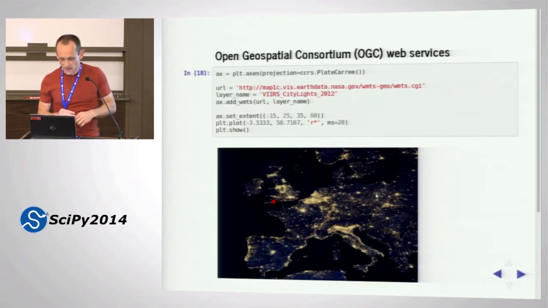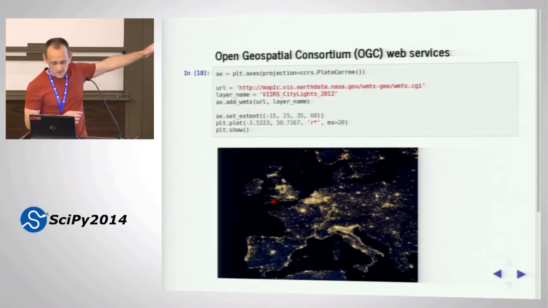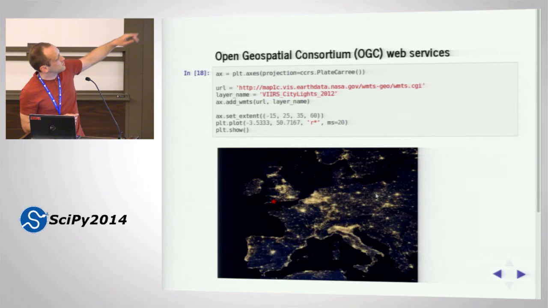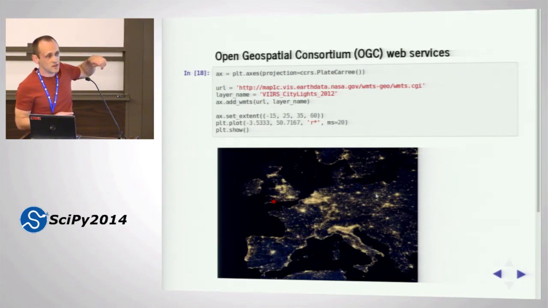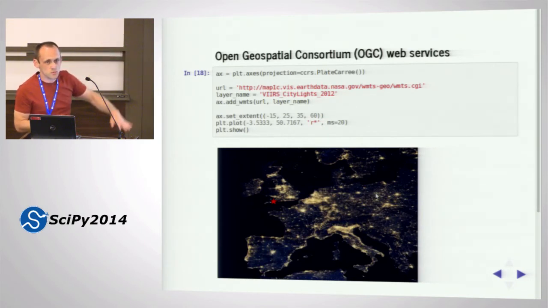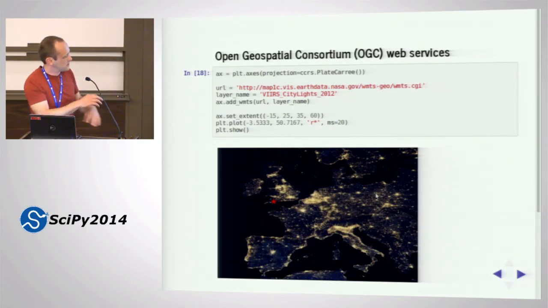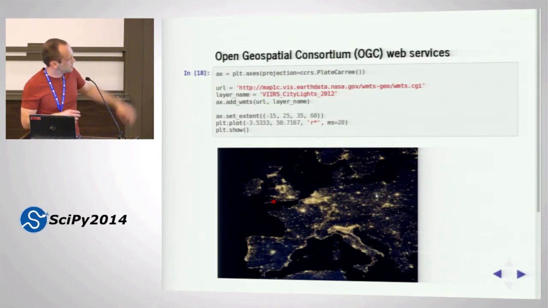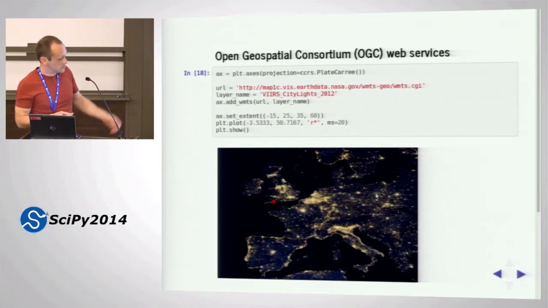To integrate that into Cartopy, all you have to do is give it the name of one of these endpoints and the name of the layer that you want. Cartopy will then select the appropriate zoom level, choose the tiles, download them, cache them, stick them on your image, and it's as simple as that.